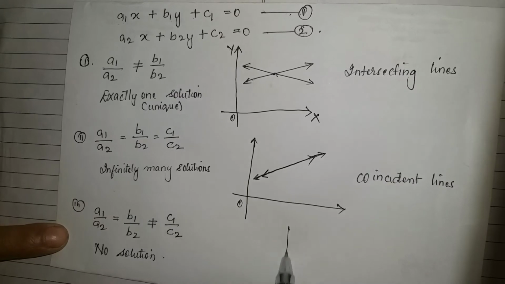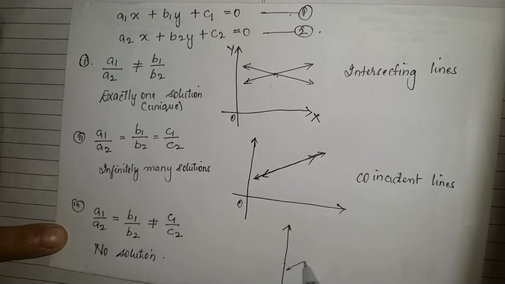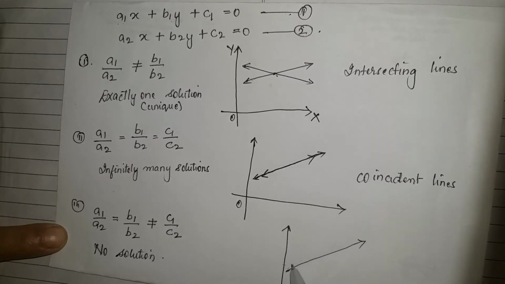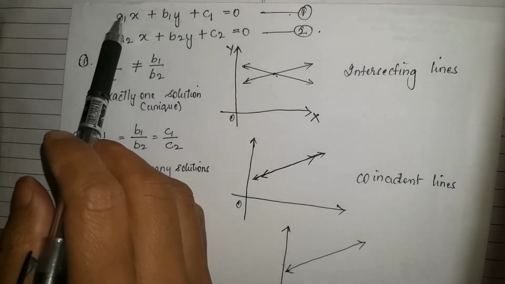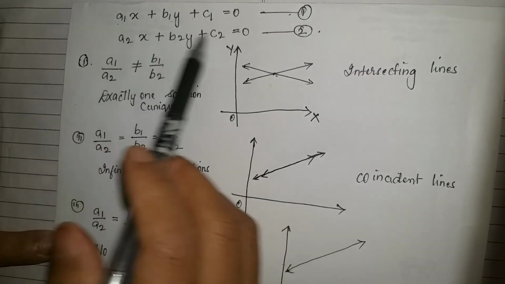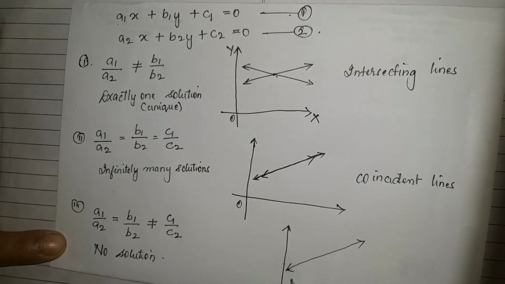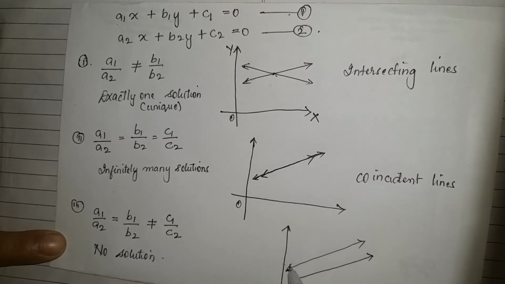And the graphical representation of this system will look like this: suppose this is the line that represents the first equation, then the line representing the second equation will be parallel to this first line.